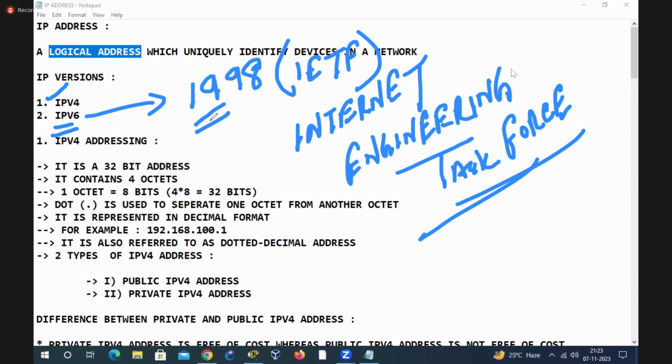So when we have this type of huge network where billions of devices are getting connected, and every single machine requires an IPv4 address to communicate, obviously there is a high probability that one day these IPv4 addresses will end.